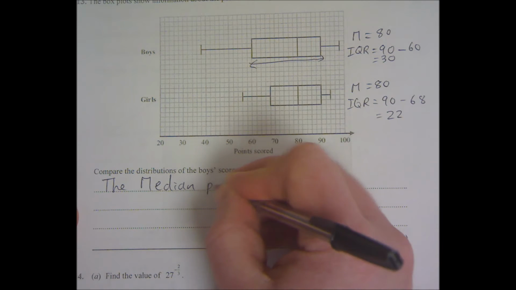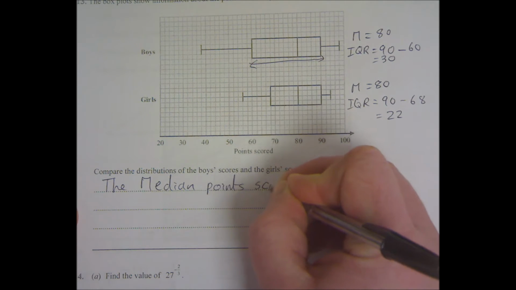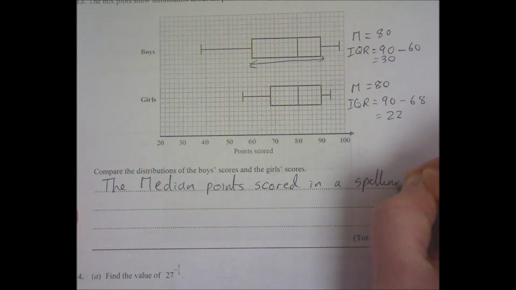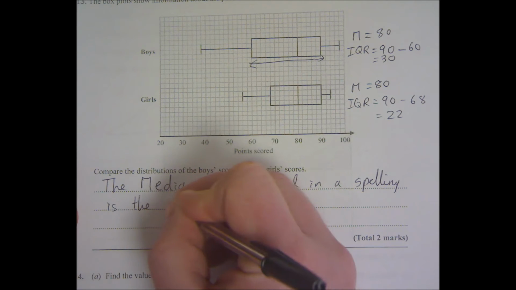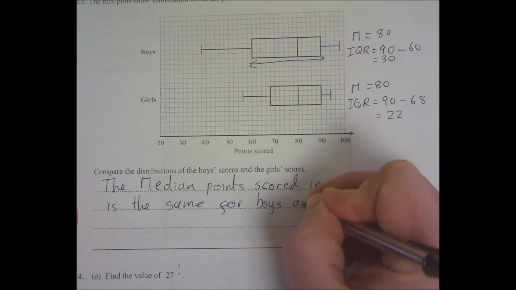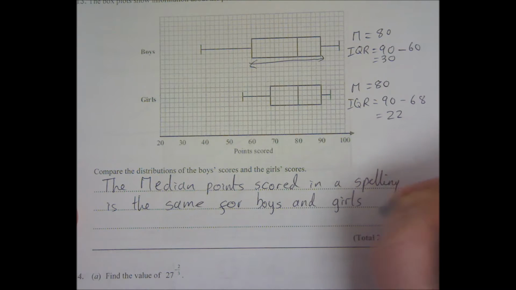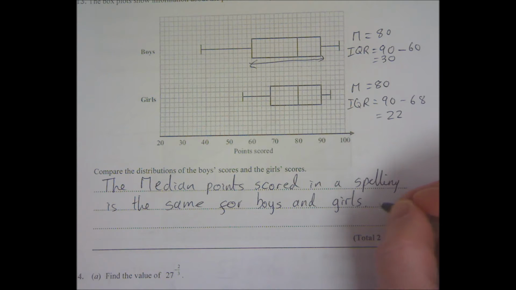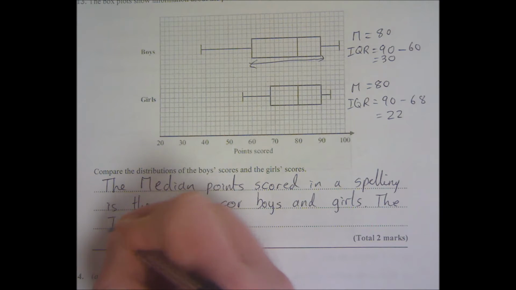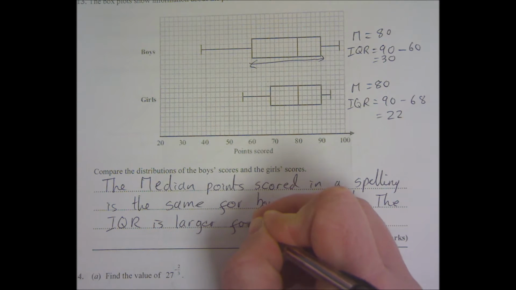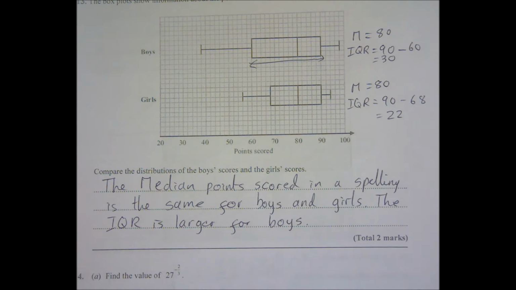So the median points scored in a spelling competition is the same for boys and girls. And by doing that, I've managed to get the context of the question, and I've compared the medians. Now I just need to mention the interquartile range. So the interquartile range is larger for boys. And that's it for that one.